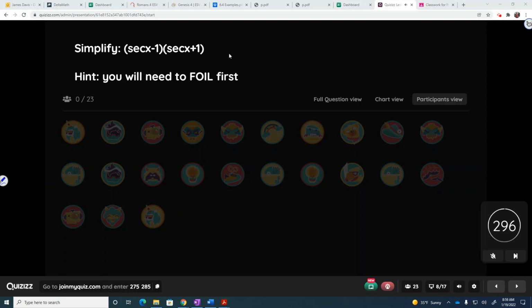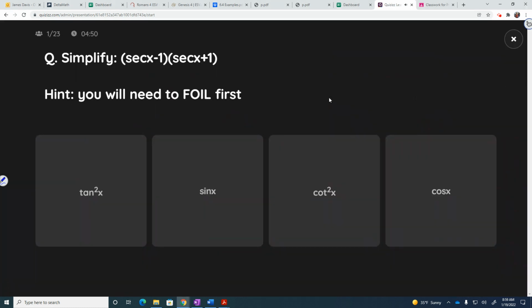Alright, so this one you got to FOIL. It works out pretty good though after you FOIL the first one. Secant x minus 1 and secant x plus 1. I did several like this last Friday. It's been a while though, I know.